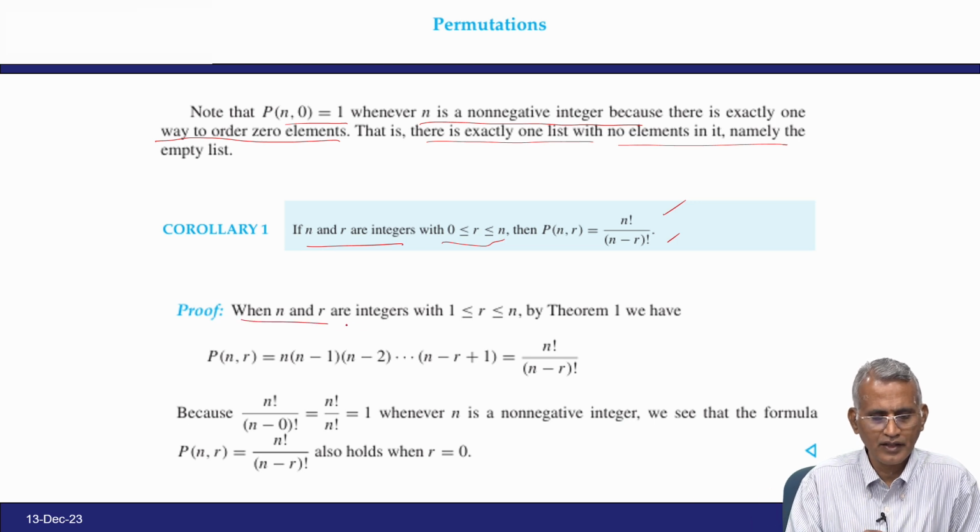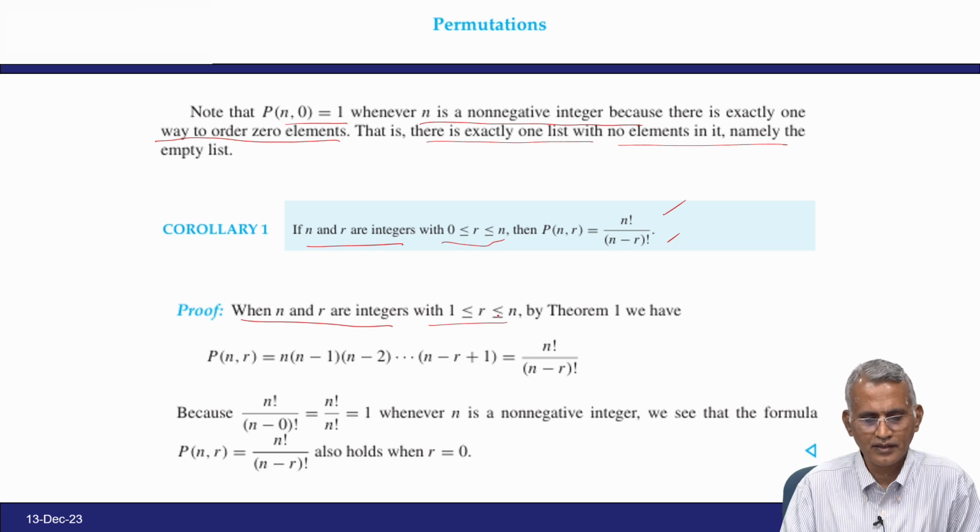When n and r are integers and 1 is less than or equal to r, which is less than or equal to n, by theorem one, the product rule says that P(n, r) is nothing but n into (n minus 1) into (n minus 2) and so on, up to (n minus r plus 1), which equals n factorial divided by (n minus r) factorial.